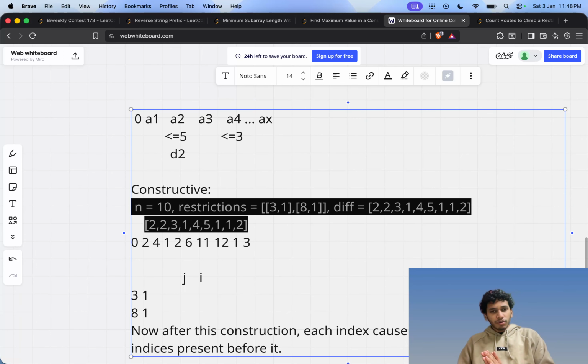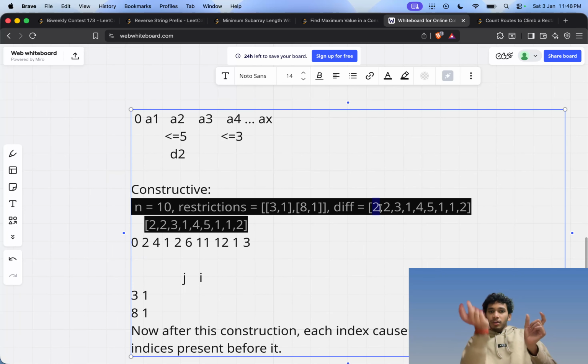Okay, why so? Because while moving from left to right, we already managed that the left index and right index do not cause problem, the left one does not cause problem on the right one. All right. Why so? Because we made sure that the difference between them is smaller than or equal to diff.